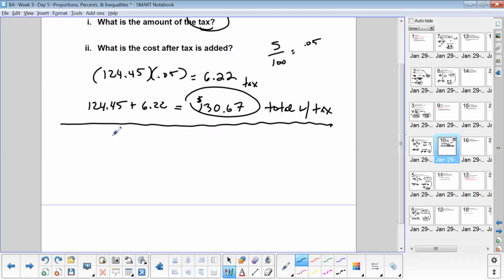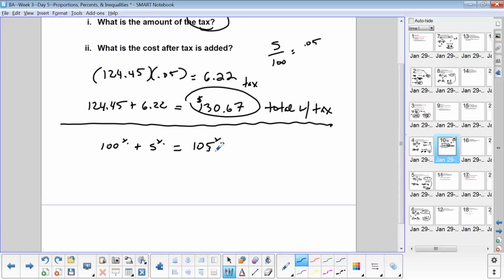So we're still paying the 100%. We're going to pay 100% of the total, which is $124.45. We're also going to pay 5%. So which really means you're paying 105% on these groceries.